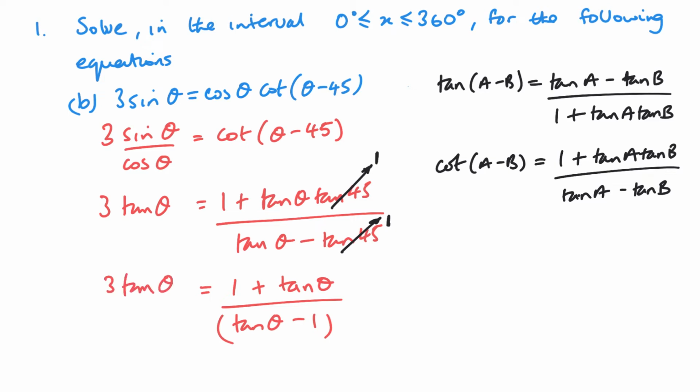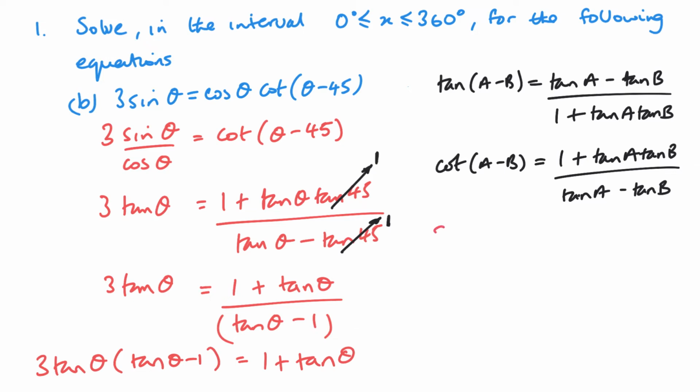Now what I want to do is multiply up by this tan theta minus 1, multiply through, so that I can get these on one line and solve it. So we have 3 tan theta times tan theta minus 1 equals 1 plus tan theta.